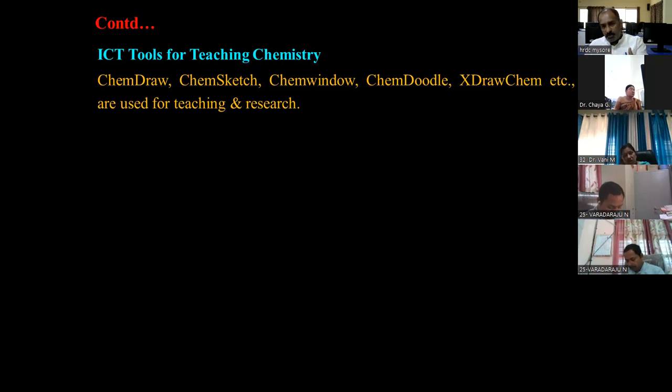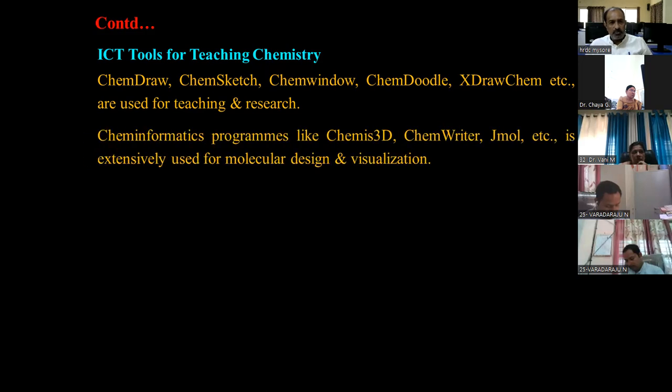For example, I want to present H2SO4 or benzene ring, etc. So you can make use of these tools to draw that kind of structural compounds, and you can explain better, and double helix, single helix kind of protein, right, etc. The chemistry people are already familiar with those things, but you just make use of these tools and you make the teaching much more attractive and interesting to the students.